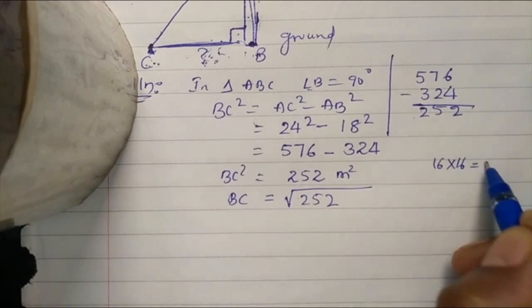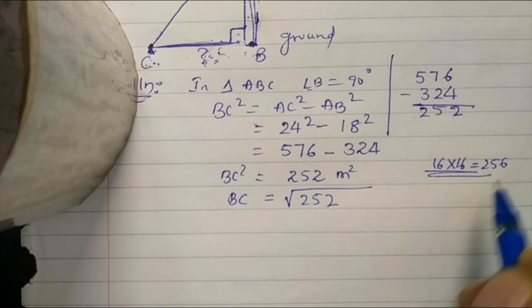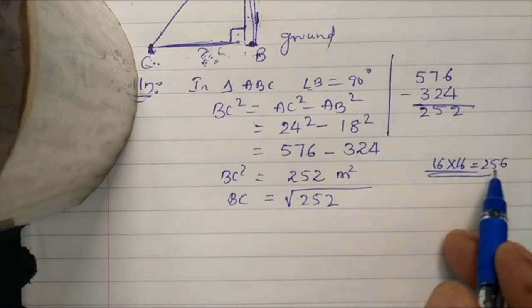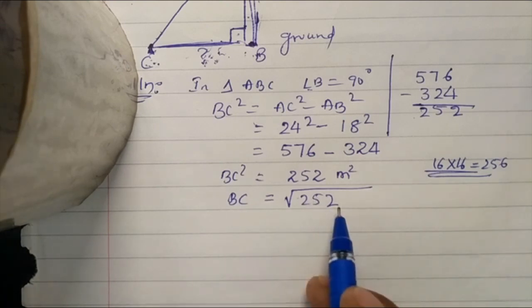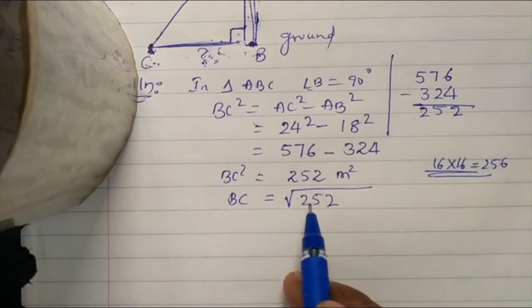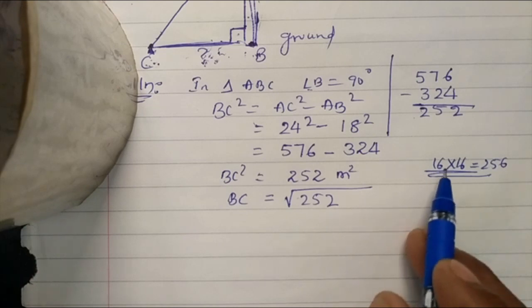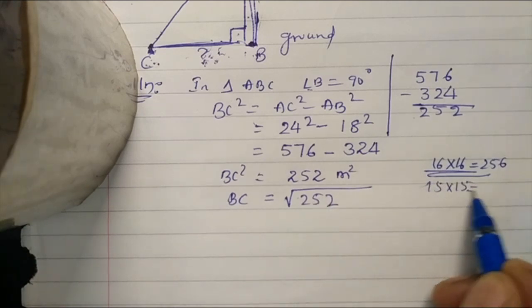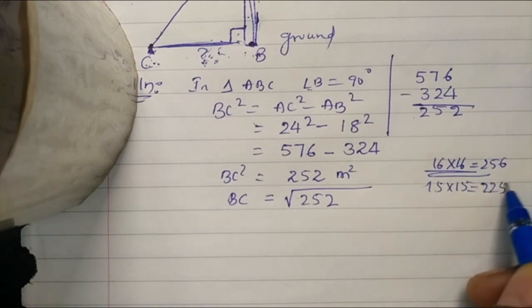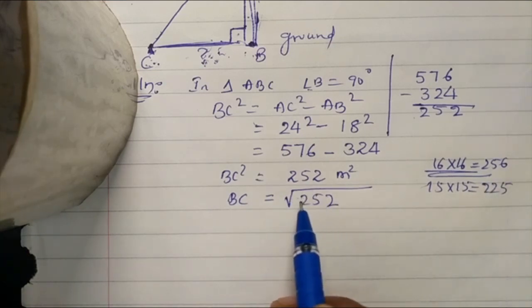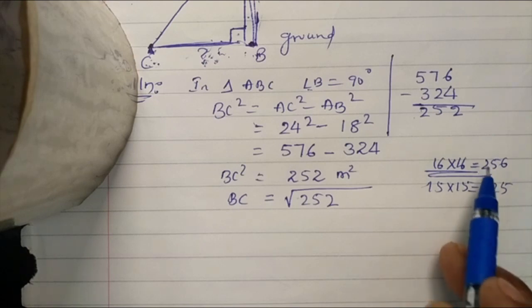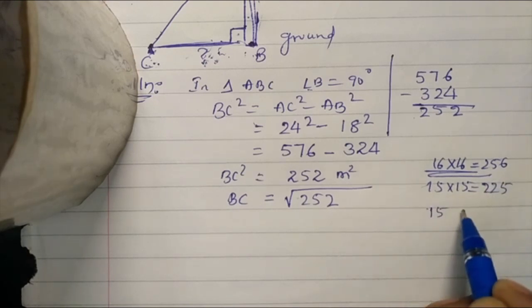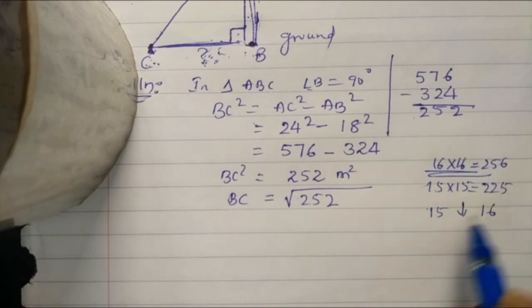So 252 is below 256, and the answer is below 16 and above 15. 15 into 15 gives you 225. So the square root answer lies between 15 and 16.